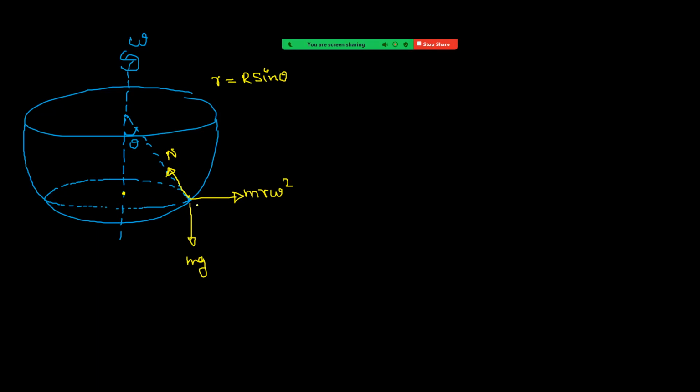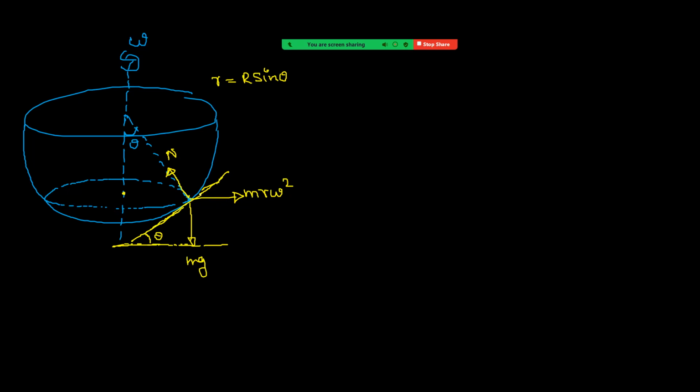Now see what we can say. Since we are solving with respect to the block, it is stationary, or in equilibrium. Let us take one tangent at this point, and this tangent makes an angle theta with the horizontal. If you see carefully, it is just like what we just discussed, the angle of bank, right?